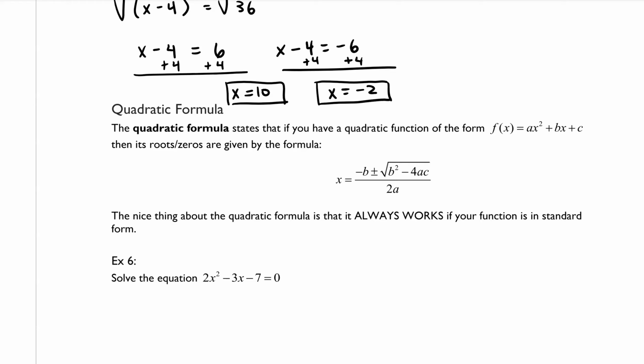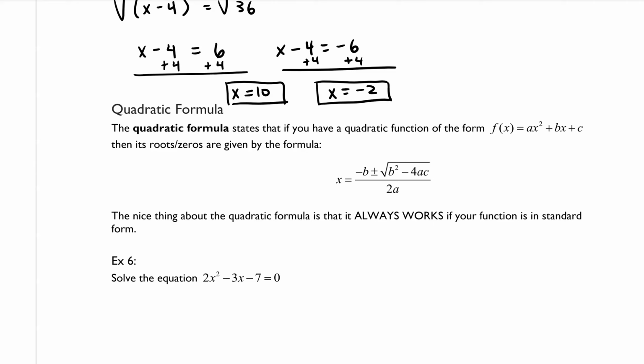Factoring does not always work because sometimes the roots or the zeros or the solutions of the equation can get kind of messy or ugly, but the quadratic formula always works if there are solutions that exist.